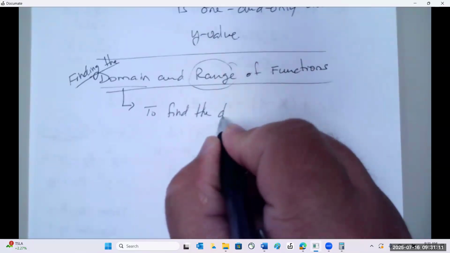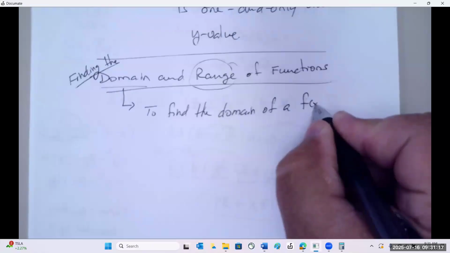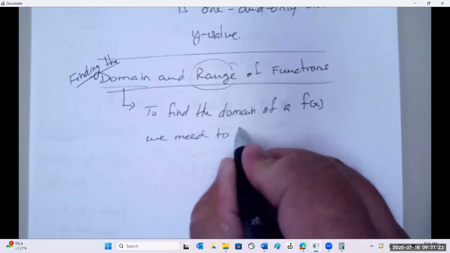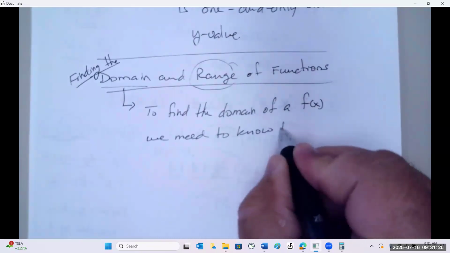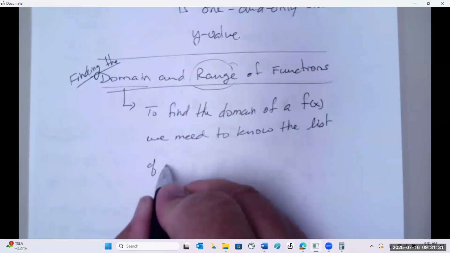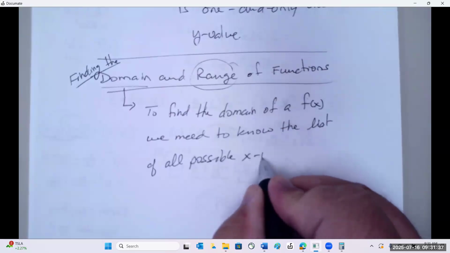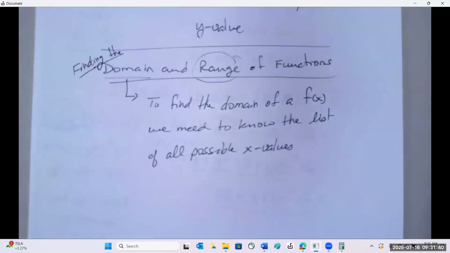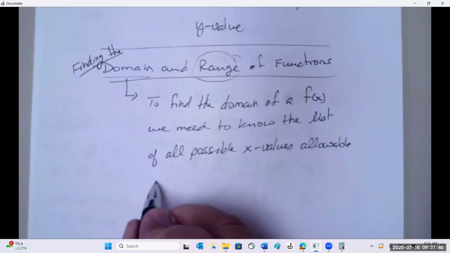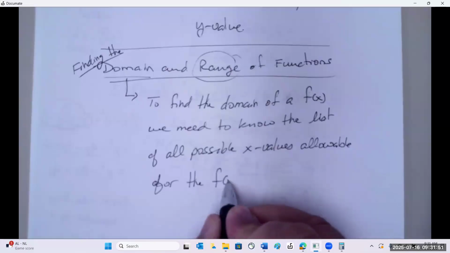To find the domain of a function, we need to know the list of all possible allowable x values for the function f of x.